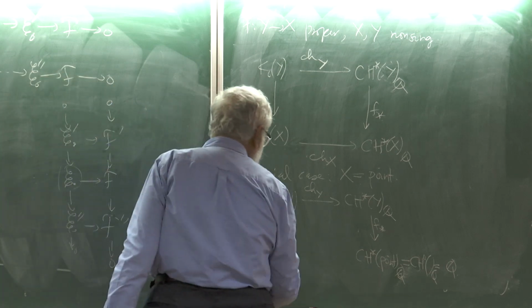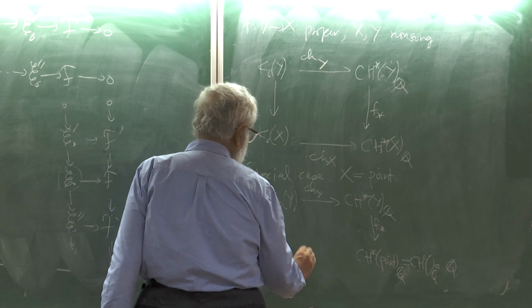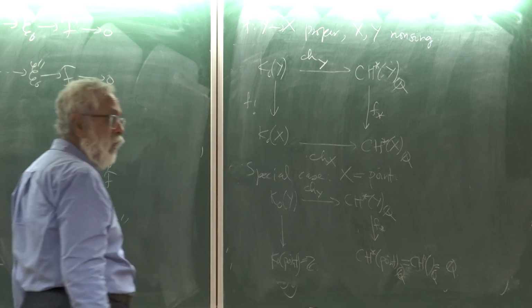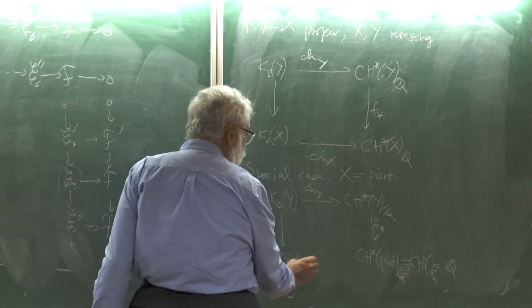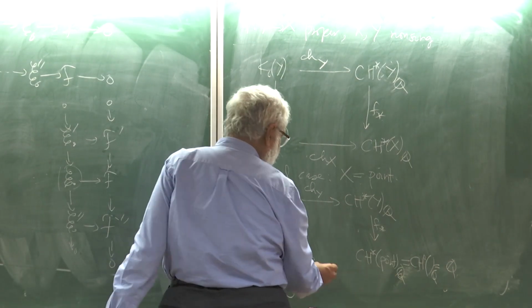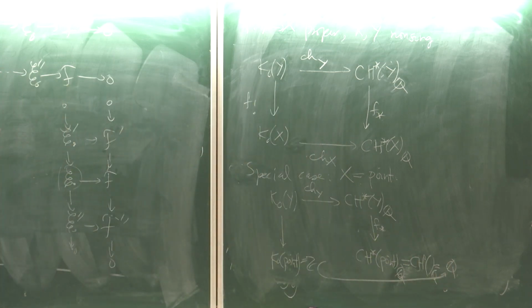And here, K0 of a point is just Z. This point is just Spec k, right? And so what is this map here? The map from here to here is the Chern character on a point. There are no higher Chern classes or anything. This is just the inclusion of Z into Q, the natural inclusion.